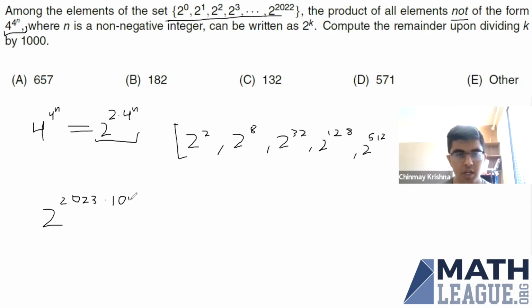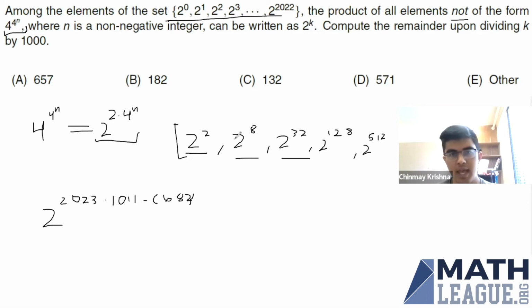Okay, so that's the product of all the numbers, and now we need to remove these ones. So we'll subtract the sum of all these numbers. 2 plus 8 is 10, 10 plus 32 is 42, 42 plus 128 is 170, and 170 plus 512 is equal to 682. So make sure to subtract 682.